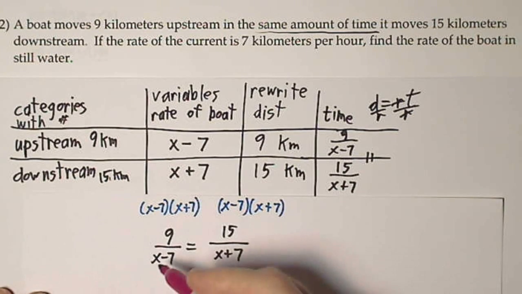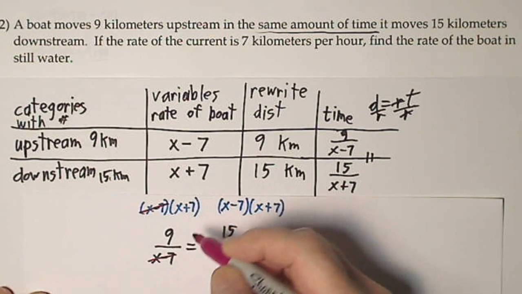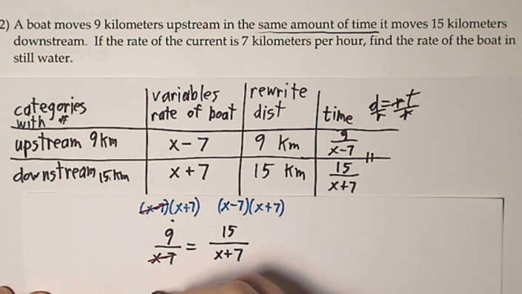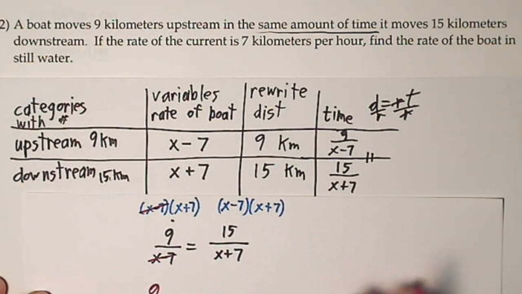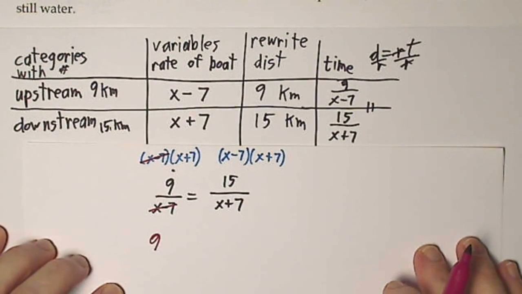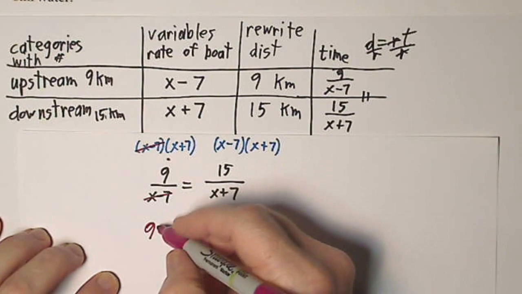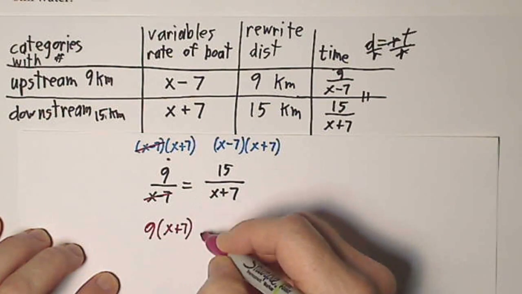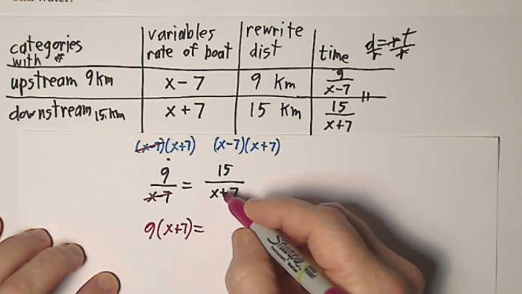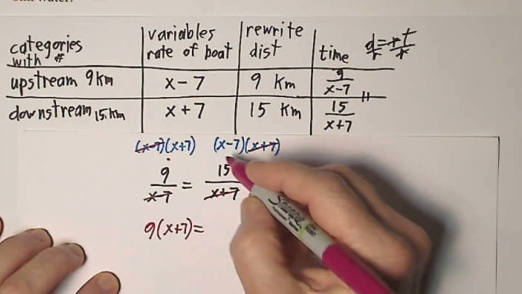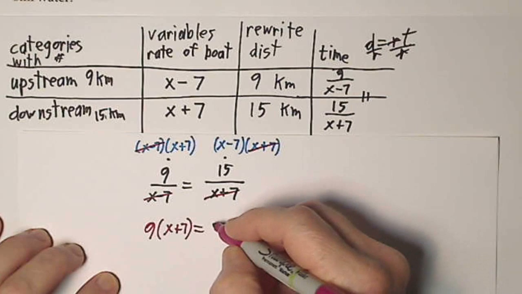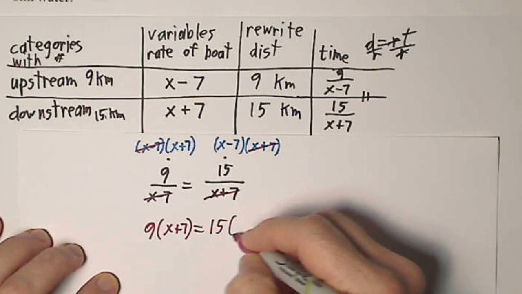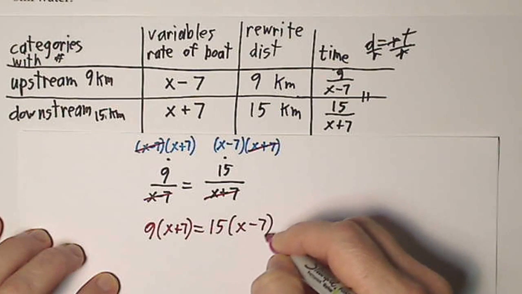Cancel what we can. X minus 7's cancel. We have 9 times x plus 7. Equals, cancel what we can, x plus 7's cancel, 15 times x minus 7.